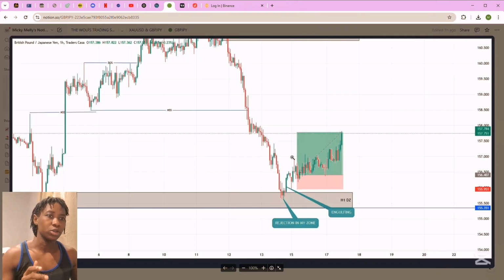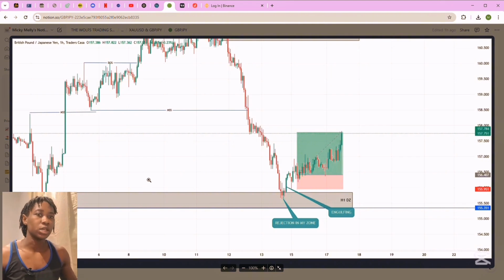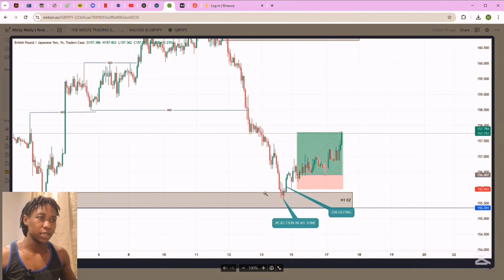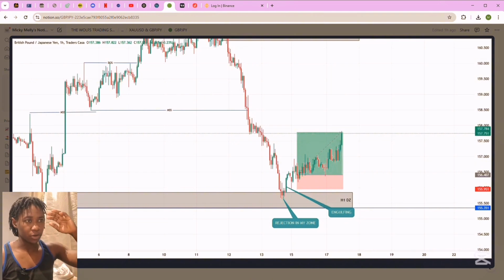And price just dropped down to this particular demand zone. You can see this particular demand zone. The real move was up there. So price gave me, inside my 1 hour demand zone, a rejection and an engulfing candlestick, that huge engulfing candlestick.